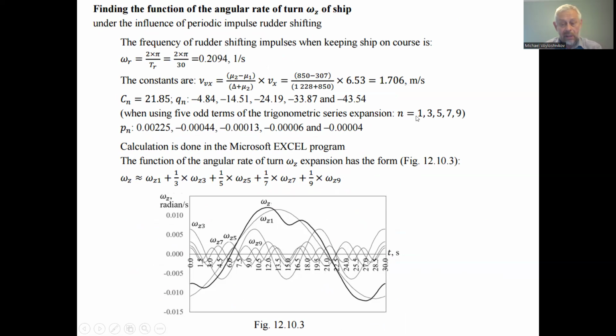So we consider n equal to 1, 3, 7 and can keep them, but the accuracy of the approximation by use of the trigonometric Fourier series depends on the number of the considered terms of the expansion into the series, which impacts the accuracy of the approximation of the periodic process of rudder turns.